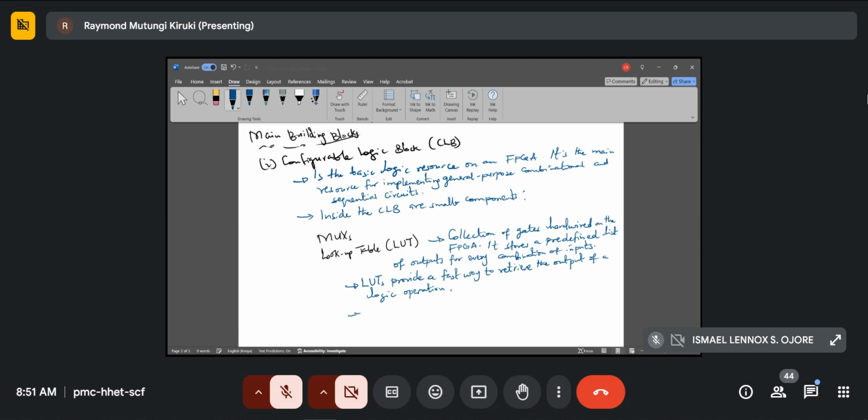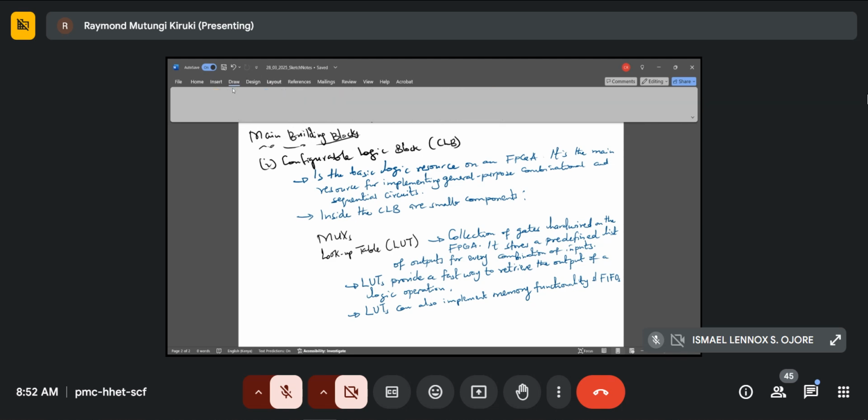Lookup tables can also implement memory functionality, FIFOs, that is first in, first out, and also a kind of shift registers. So that's enough for what is a lookup table.